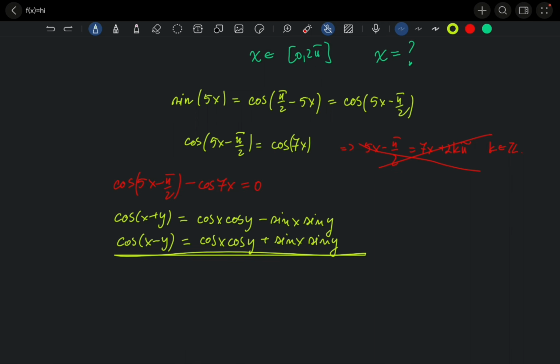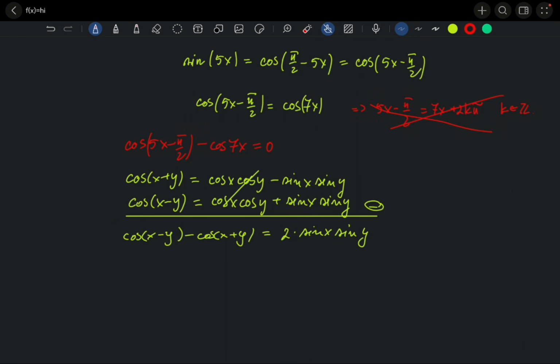Now, subtracting the first identity from the second, we get cosine of x minus y minus cosine of x plus y. The terms with cosine cancel each other out, and in the end we get 2 times the product of sine x and sine y.